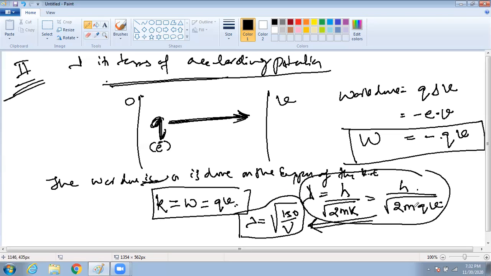If you have a proton, then you have to substitute the charge of the proton for the voltage. This simplified formula is only for electron. What else?